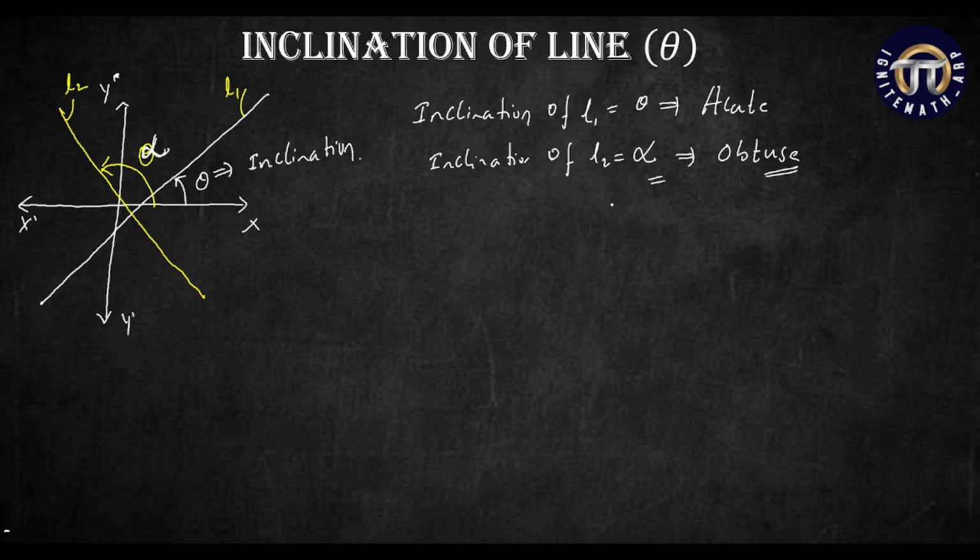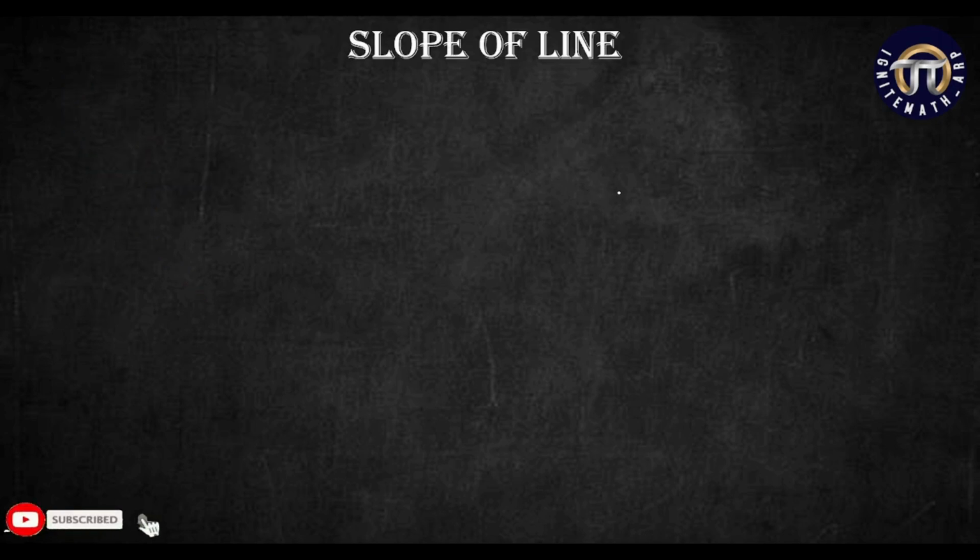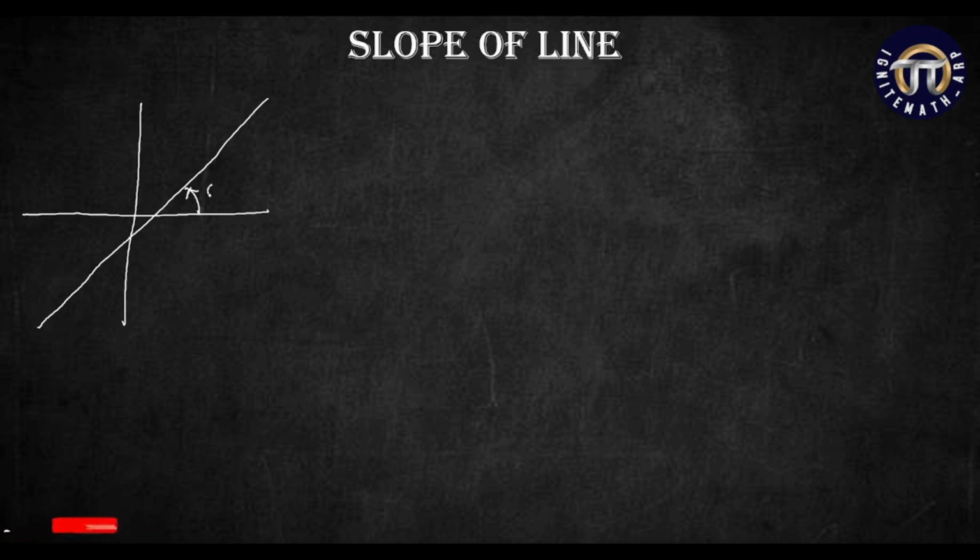So based upon the inclination of the line, we are going to speak about the slope of the line. Then what is the slope of a line? I'll just take one example over here. Suppose I have drawn a line passing through the coordinates like this and its inclination theta is equal to 45 degrees. Then the slope of the line is given by tan of the angle of inclination.